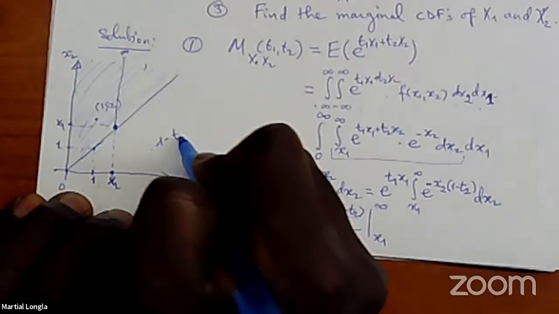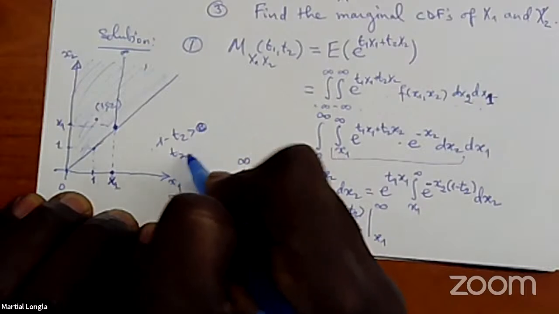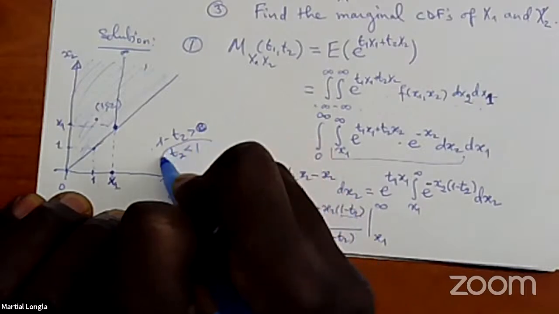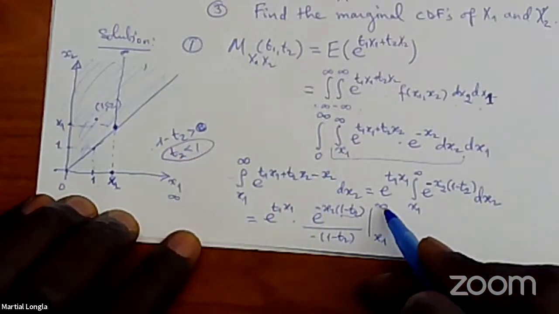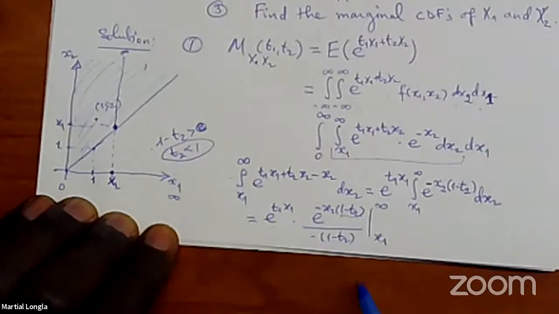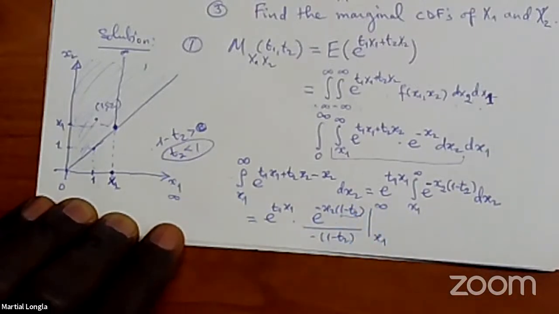So you get that, which means t2 is less than 1, which is good because actually we are more interested in the neighborhood of zero. So this is a good condition. And if I have this condition, I know that when I plug in infinity, I get zero. Otherwise, it doesn't work.